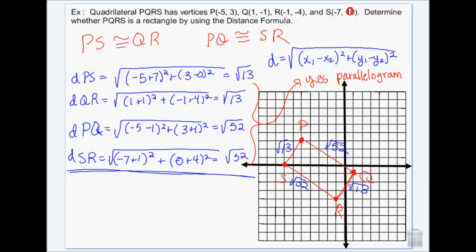Parallelograms have opposite sides congruent, but to be a rectangle, your angles are 90 degrees or your diagonals are congruent. So we have to decide, do we want to do slope of 2 of the lines and find out if they're perpendicular? Or do we want to do diagonal distance and find out if those are congruent?